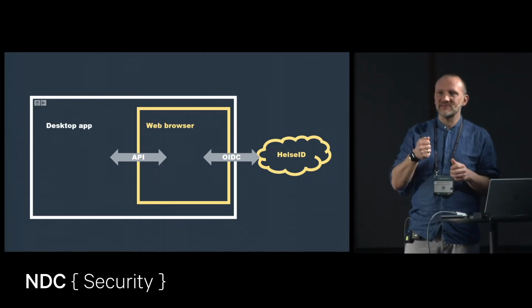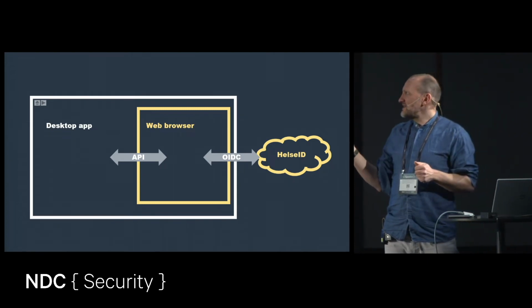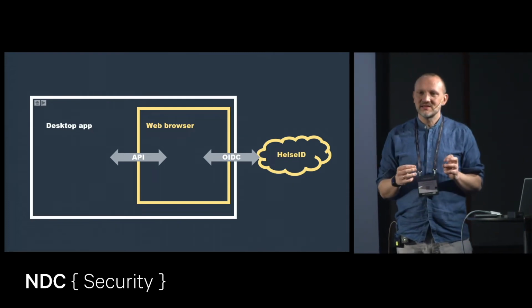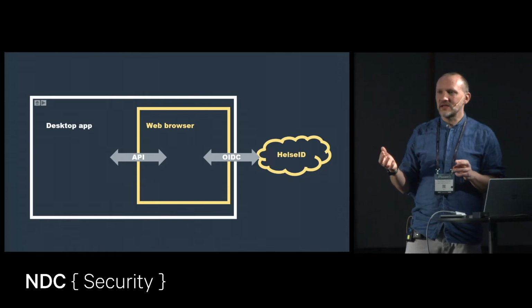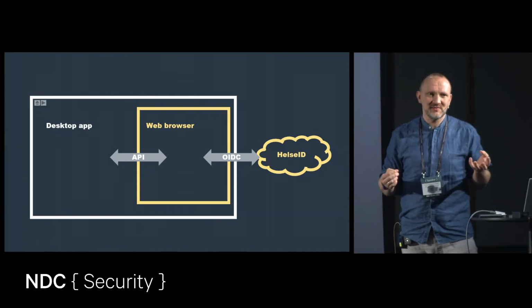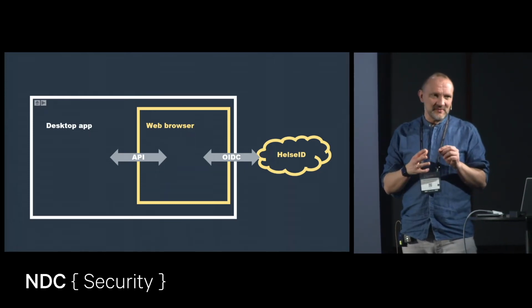Now we can take the information that HelseID gives us back. Or they can run a tiny web server inside their application that picks up that callback. So when HelseID says, okay, you're logged on, go back to your application, go to localhost, some address or something, and that tiny web server can pick up that information.